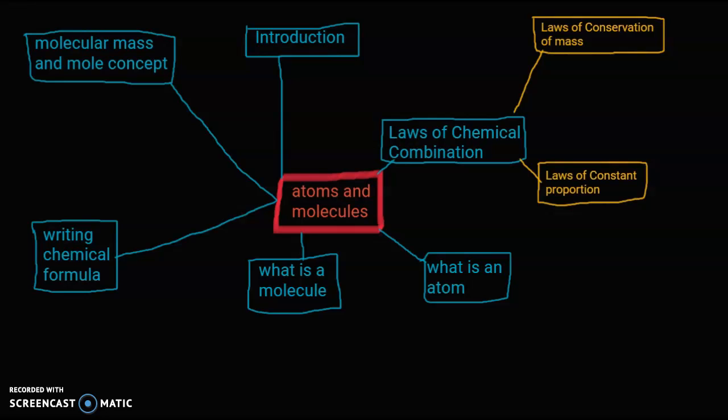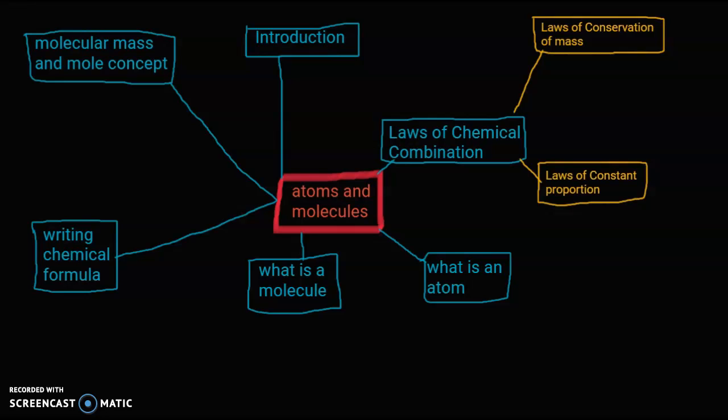Let us now first see what is law of chemical combination. Under it we have two laws, that is law of conservation of mass and law of constant proportion. Law of conservation of mass is, whenever we talk about a chemical reaction, on the left hand side we write down the reactants and on the right hand side we write down the products.